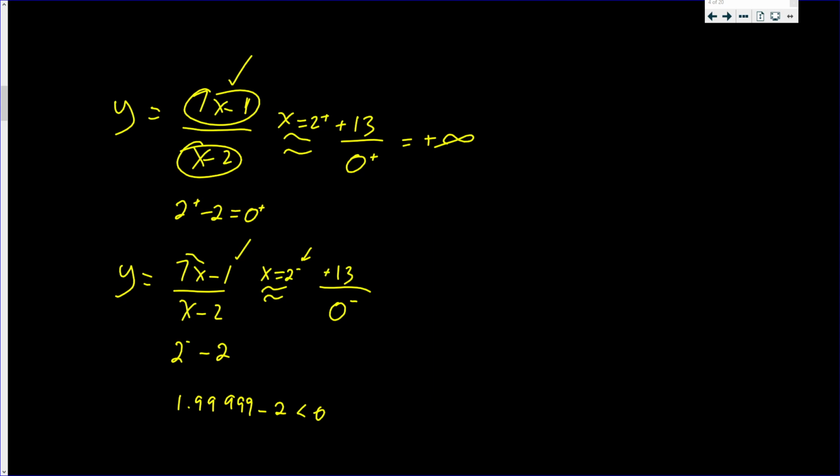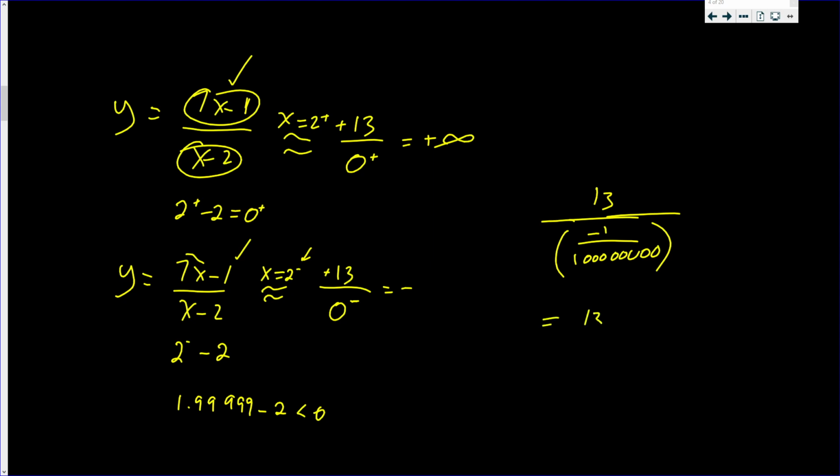A positive over a negative is a negative, and 13 divided by close to 0. If you take 13 and you divide it by a number close to 0, like negative 1 over this number, that number in the bracket is very, very close to 0, and it's negative.